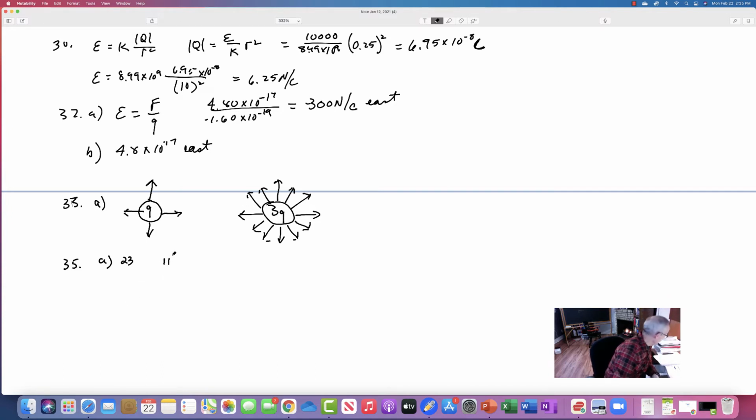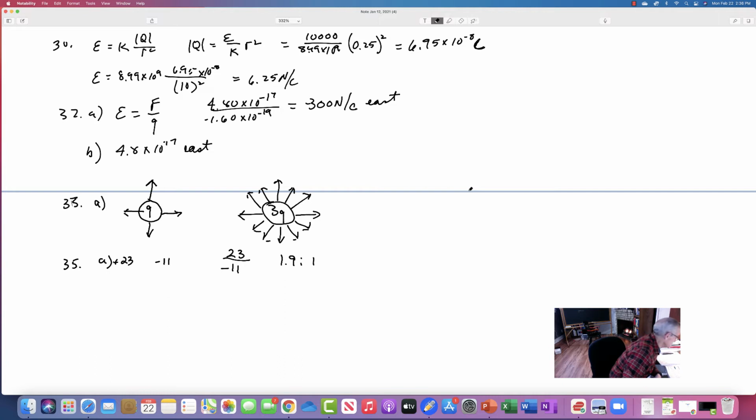And so the ratio of the two charges is 23 over 11. Now, because they're in opposite directions, this would be a positive, and this would be a negative. But the ratio is 1.9 positives to every 1 negative.